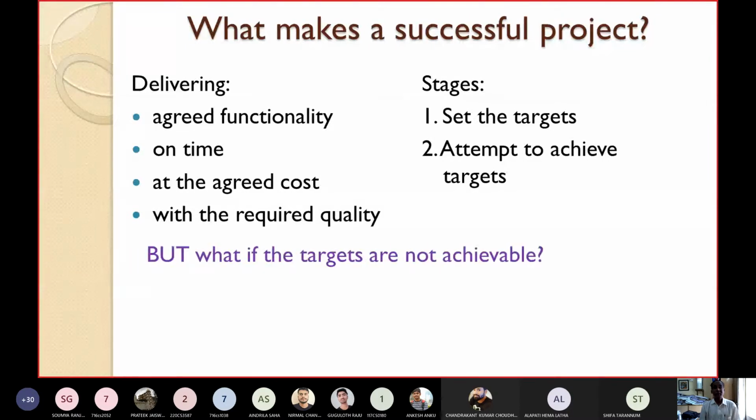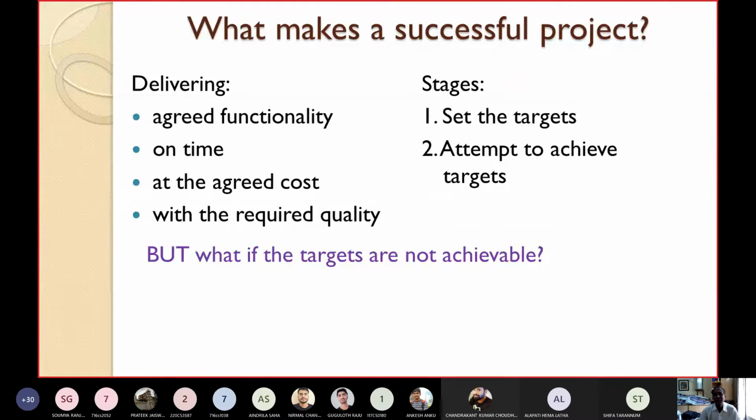Okay, but you may not always get project success. I told you there are two stages: first set the targets, then attempt to achieve all the set targets. But what if the targets are not achievable? There will be some situations where the targets are not achievable.